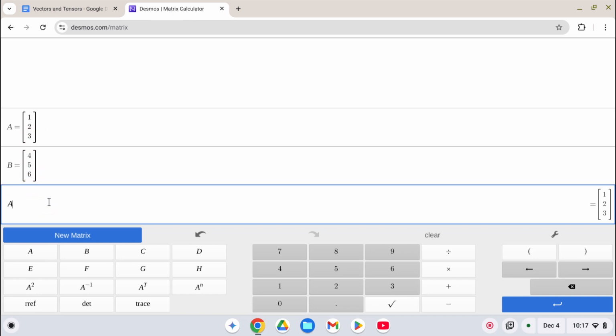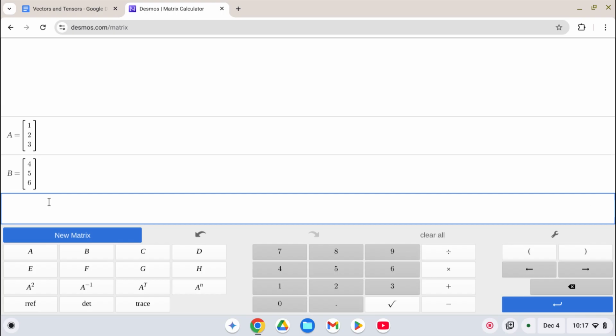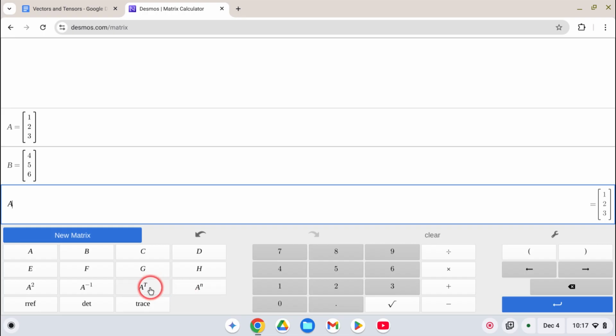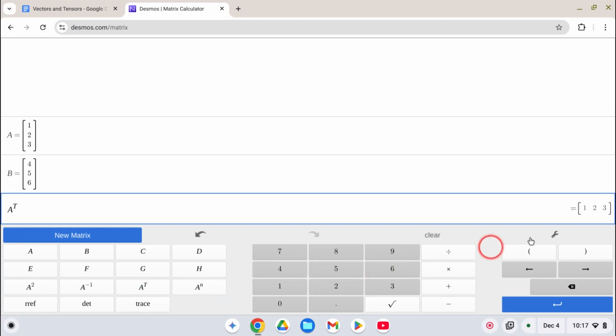Well, back in the days of linear algebra, we would say A transpose, and look what happens. A transpose changes a column vector into a row vector, right? So now we would multiply that by B, and look what we get, just a number.